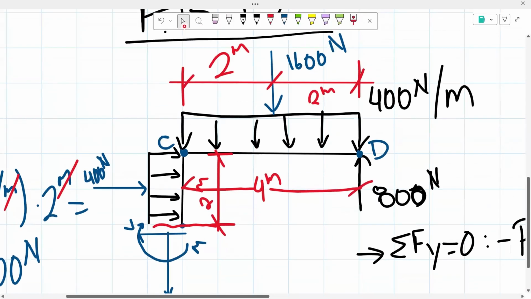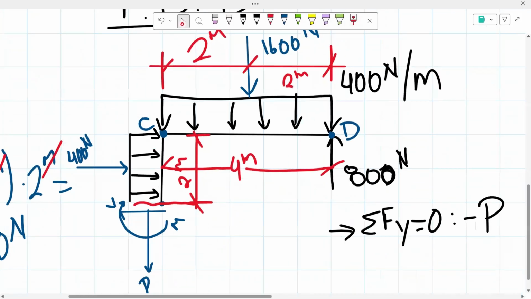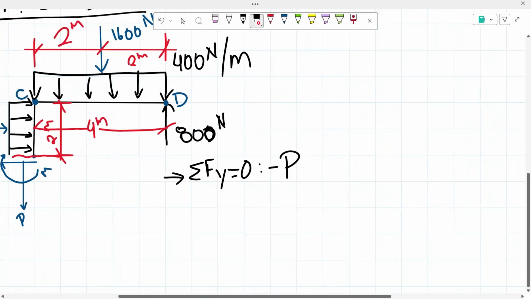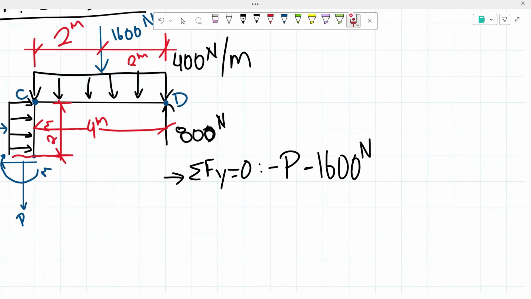We have our concentrated force right here. This one is going vertical. It is acting downwards, so that's a negative force of 1600 newtons. And then we have a reaction that is also vertical.